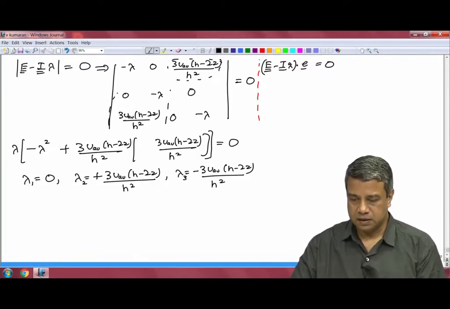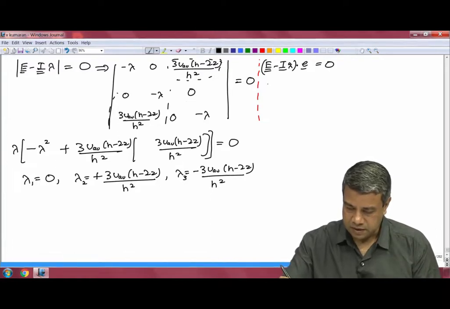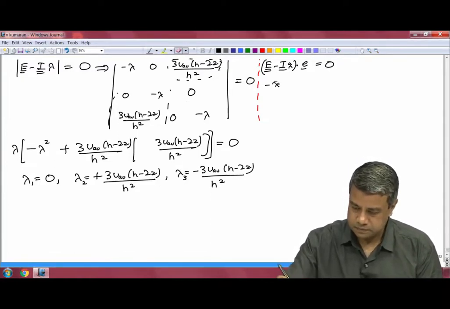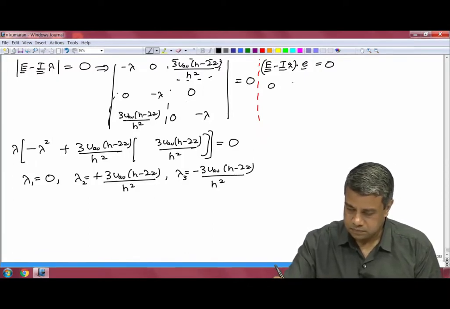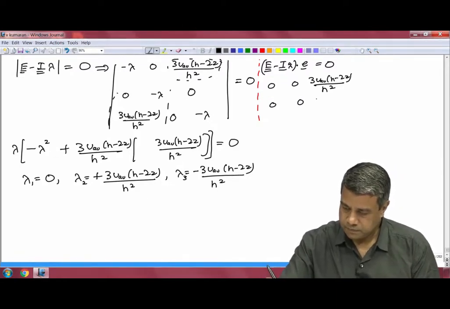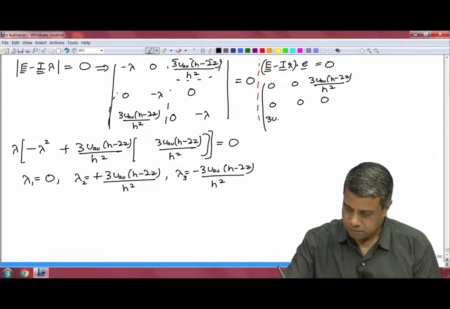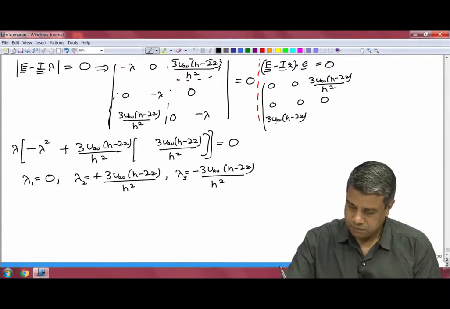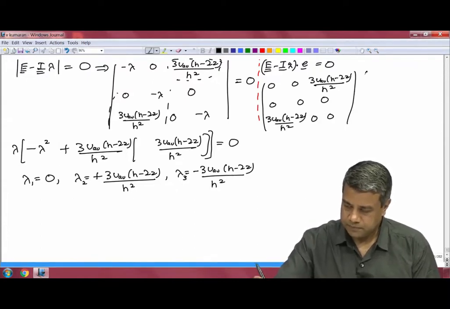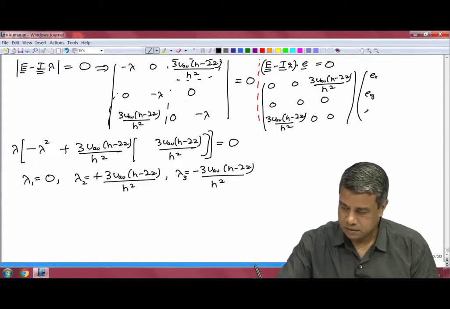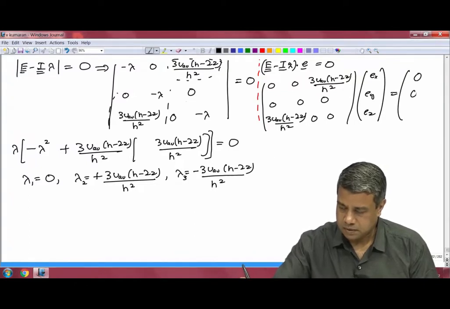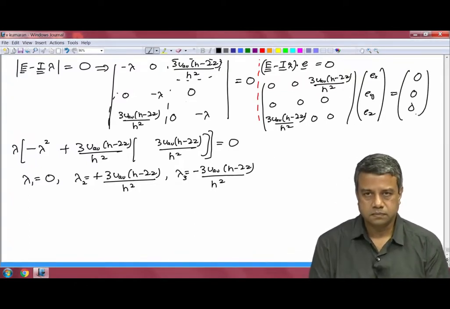So, for the 0 eigenvalue I have this into Ex, which has got to be equal to 0.